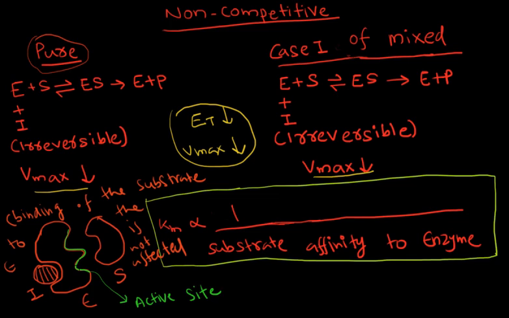So what is going to happen to the Km? Km remains constant, right? Because the affinity is not affected. Affinity is constant, so Km is also constant. As simple as that. So let's see the other case, case one of mixed non-competitive inhibition.